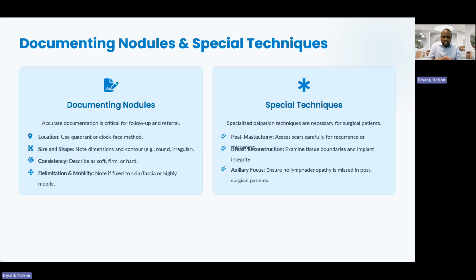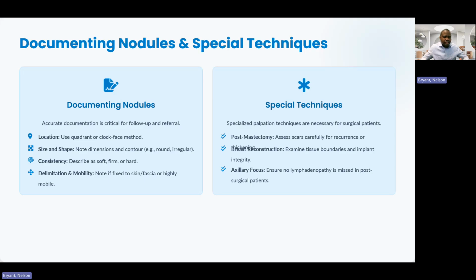Also, in your documentation for continuity of care and any referrals later on, it's very important to describe any nodules using the standard clock face. Is it at 9 o'clock? Is it at 3 o'clock? And also estimate the distance from the nipple.